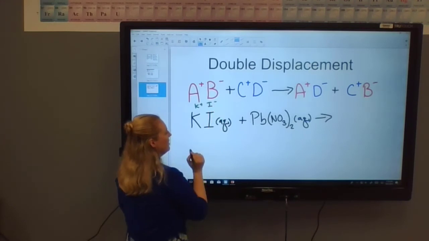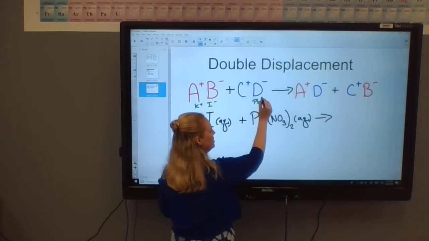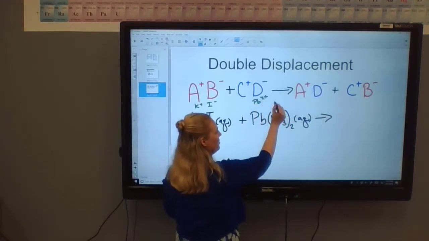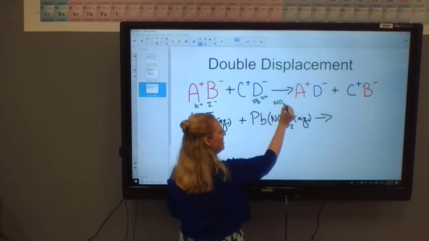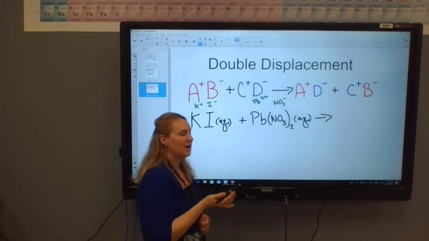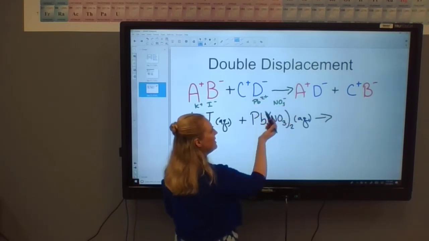Lead, this is lead(II), so it's Pb2+. And if you didn't know that it was lead(II), nitrate, NO3, is a polyatomic ion, and it has a 1 minus charge according to the polyatomic ion table. So if I have 2 of these, I have 2 negative charges, so my lead must be lead 2 plus.